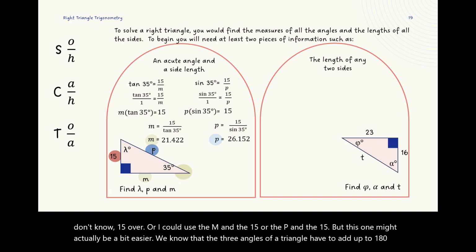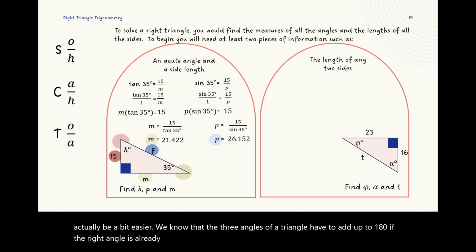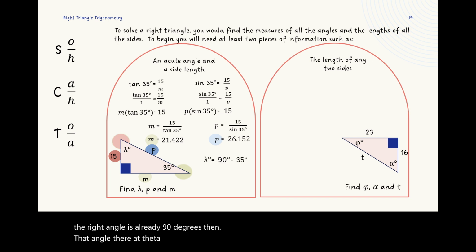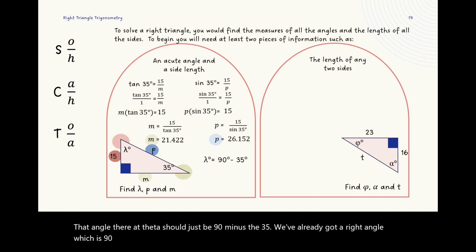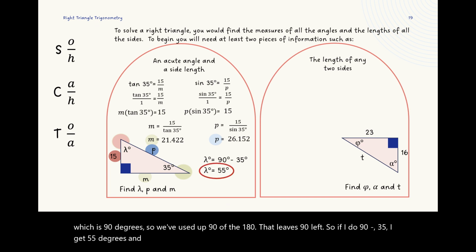If the right angle is already 90 degrees, then that angle there at theta should just be 90 minus the 35. We've already got a right angle, which is 90 degrees. So we've used up 90 of the 180. That leaves 90 left. So if I do 90 minus 35, I get 55 degrees, and that should just be the angle at theta.